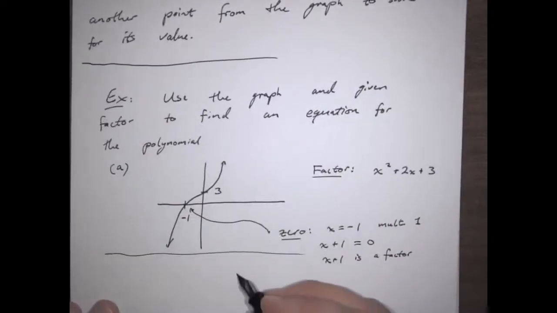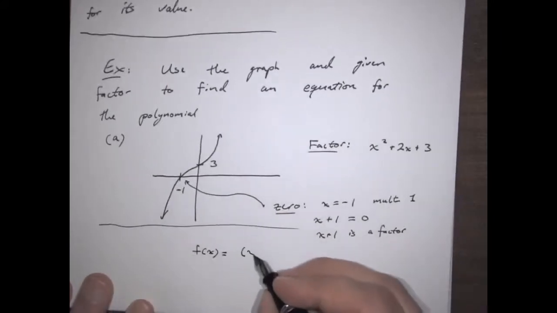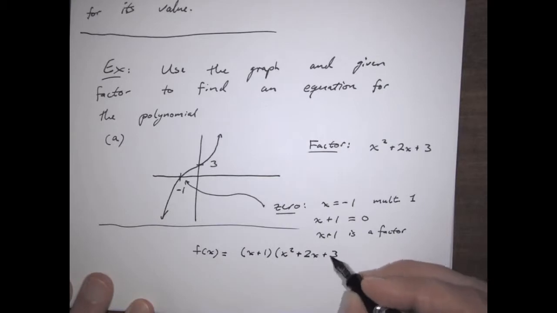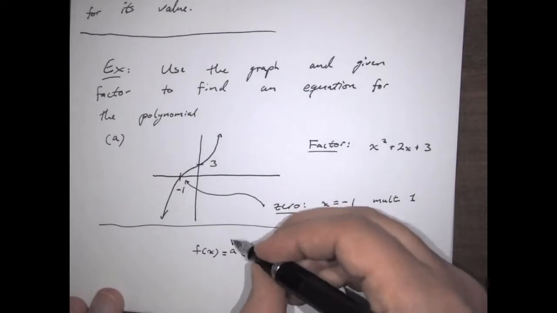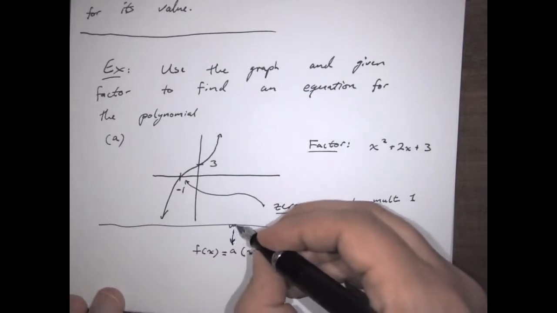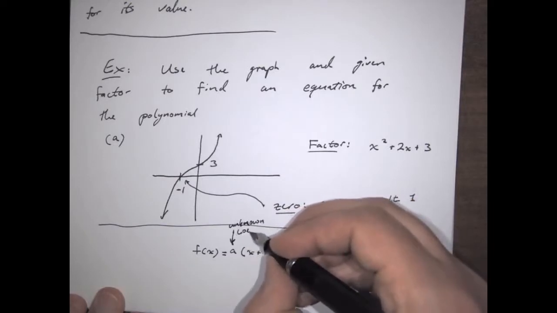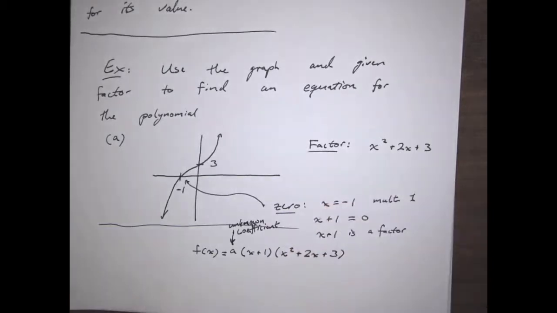So then we're going to have the formula f of x is equal to x plus 1 times x squared plus 2x plus 3 with the mysterious coefficient of a. So this is our unknown coefficient of a.